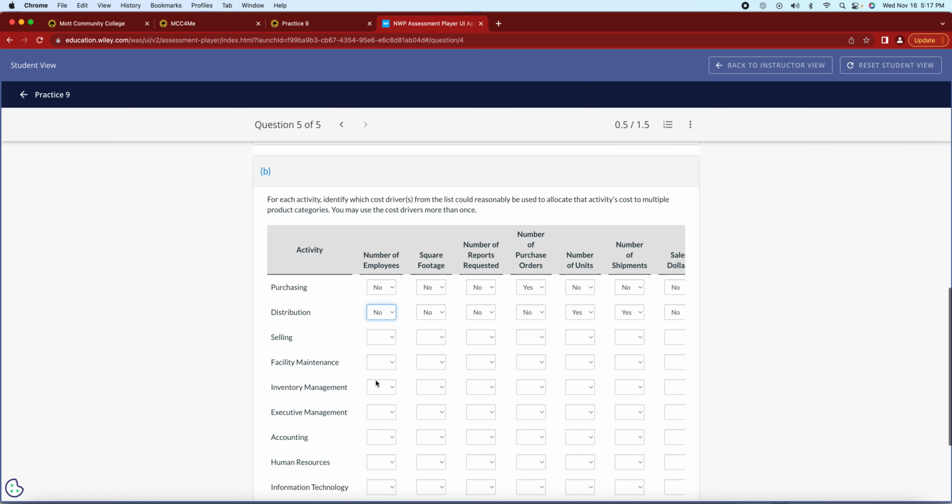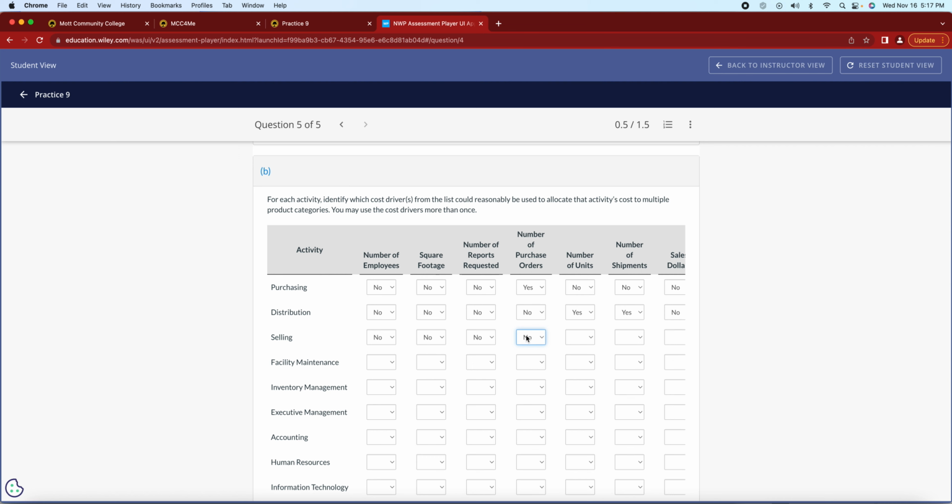Okay, selling. Number of employees would not be appropriate there. Square footage, no. None of these things would drive the selling cost up. Number of purchase orders, no. Each purchase order could be so different that that's not even a factor there.